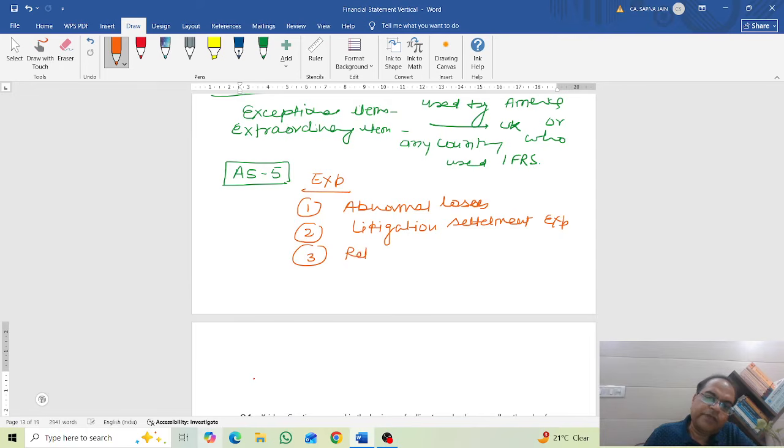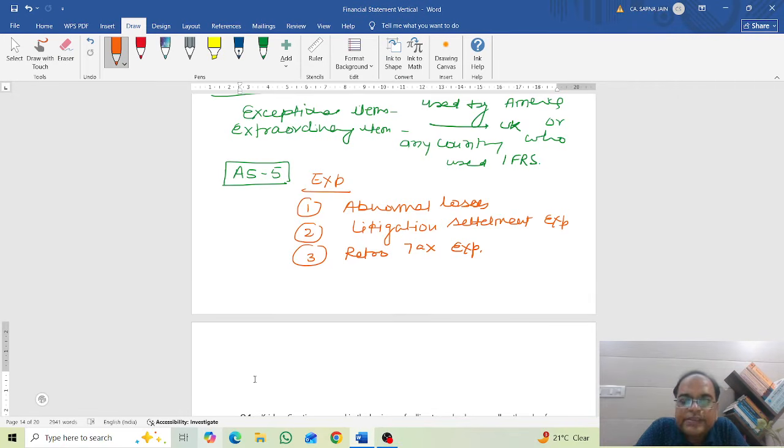Or number third, retro tax expenses. Some other examples may also be possible, but the common examples under the extraordinary and exceptional item are number first, abnormal losses, number second, litigation settlement expenses, number third, retro tax expenses.